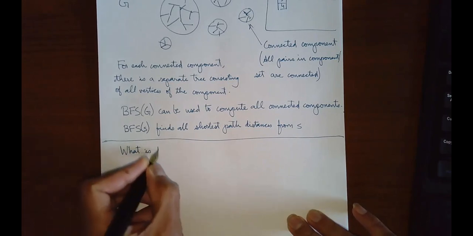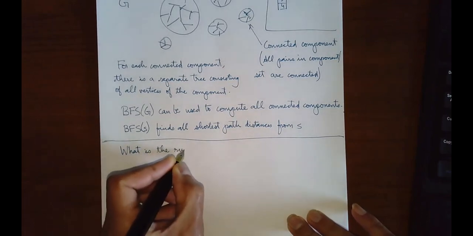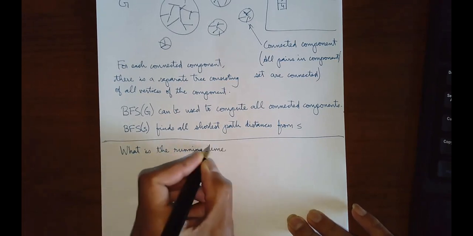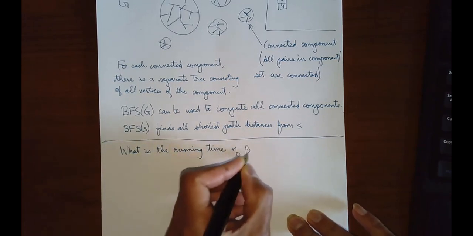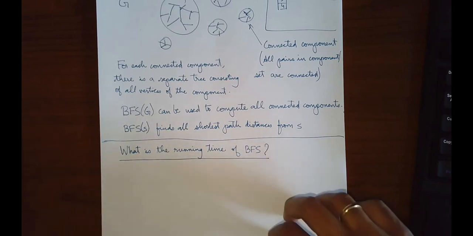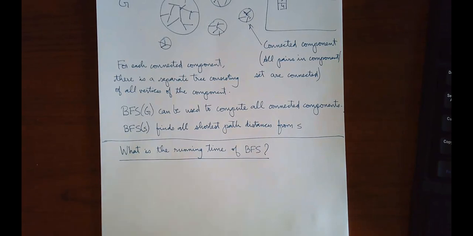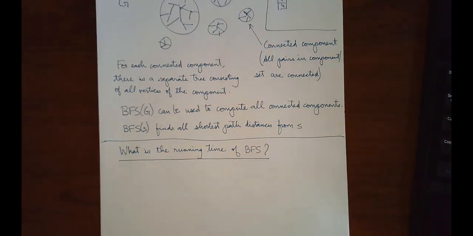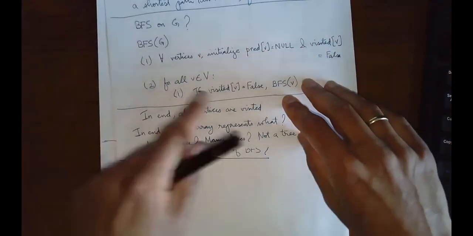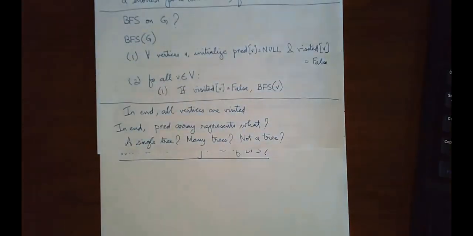What is the running time? That's a bit more complicated now. So let me just go back and show you the code. Let's look at BFS on G, BFS on the entire graph.